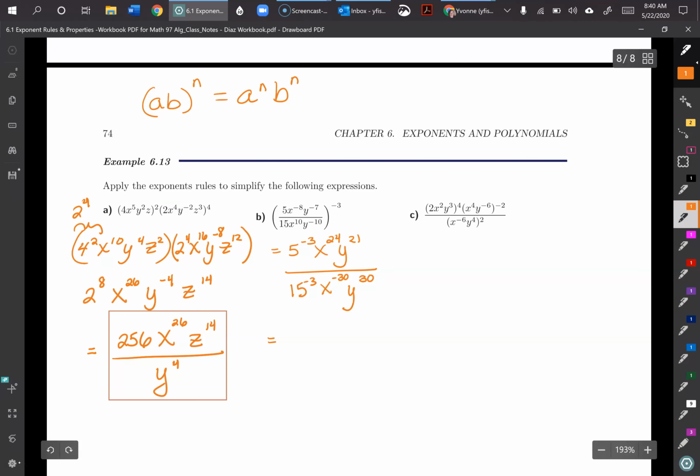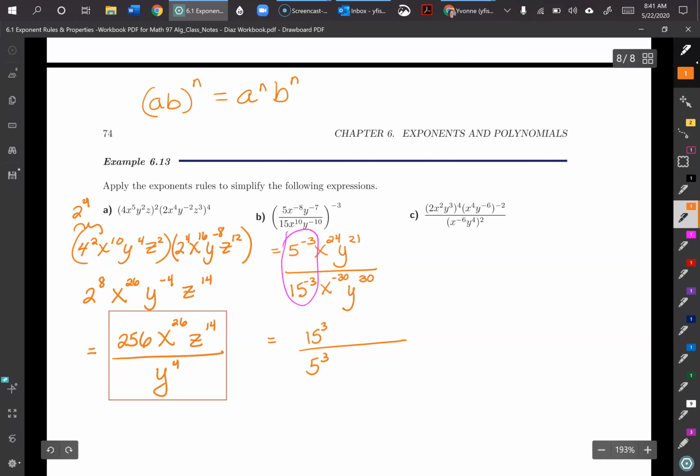Now I can start switching things around, or I can just subtract exponents. On these, I cannot get rid of the coefficient. Just take one piece at a time. 5 to the negative 3 over 15 to the negative 3, I'm just going to swap them. So I'm going to have 15 cubed up there and 5 cubed here.